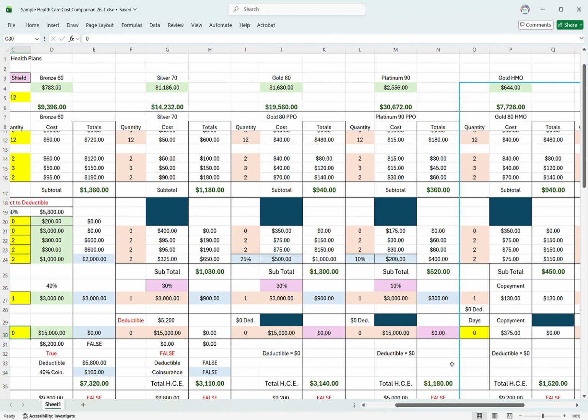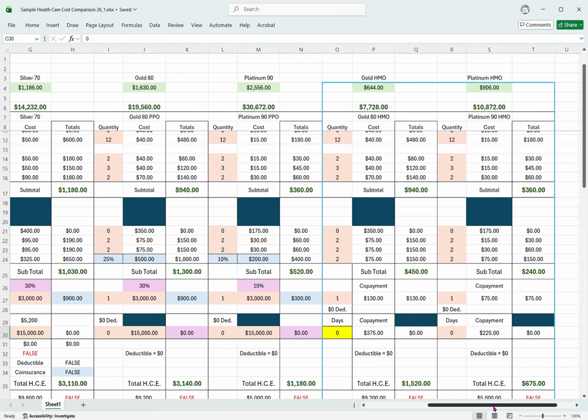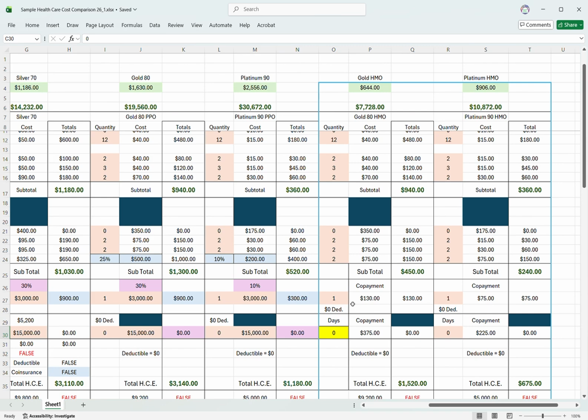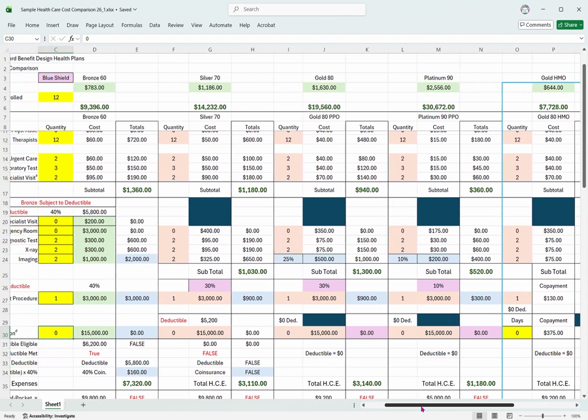The platinum plans have 10% coinsurance, so a $3,000 retail price for the outpatient procedure is $300. The HMO plans for outpatient procedures, gold is just $130, so that populates, and also for the platinum at $75.